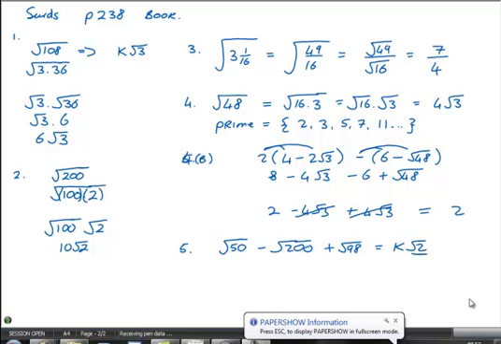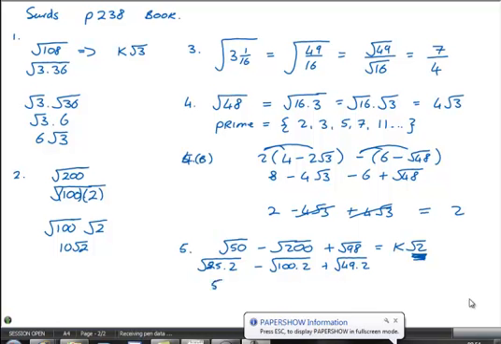This bit over here, the root 2, that tells me that I need to change each of the surds that I've got on the left hand side, so that it's something root 2, something root 2, something root 2. So this one here, root 50, that's going to be 25 by 2 minus 100 by 2 plus 49 by 2.